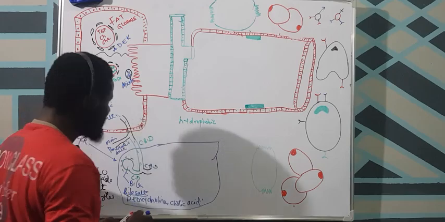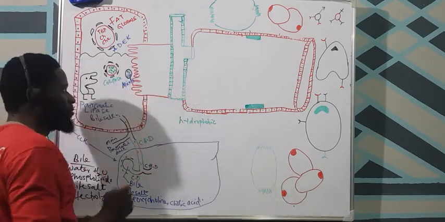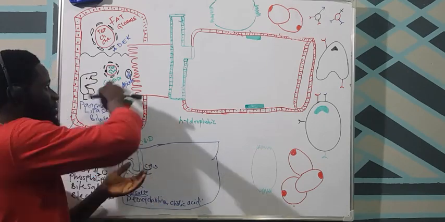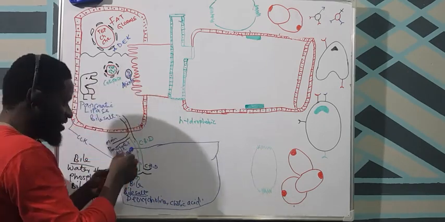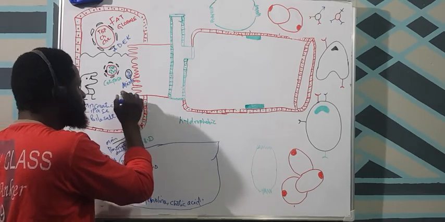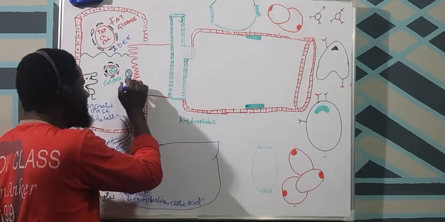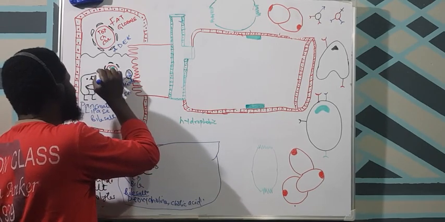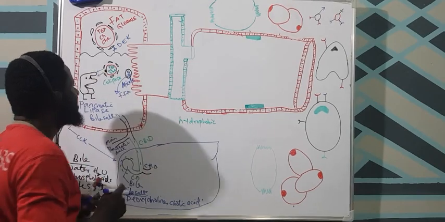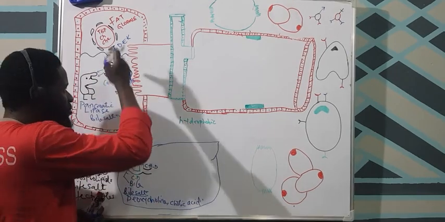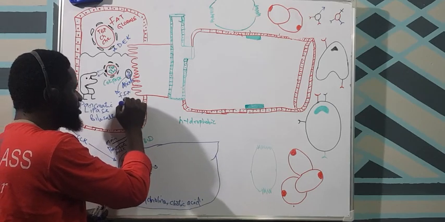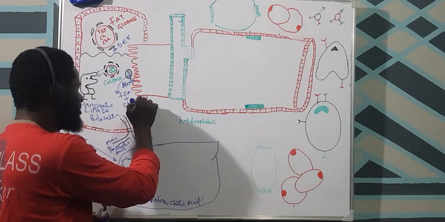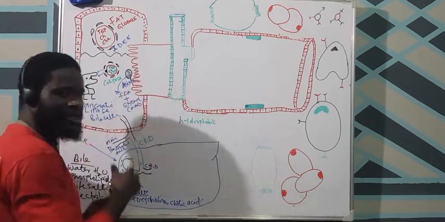When pancreatic lipase connects with co-lipase and breaks it down, the triglyceride is broken down into free fatty acid and glycerol or monoacylglyceride, MAG. So this is what is taken into the enterocyte.